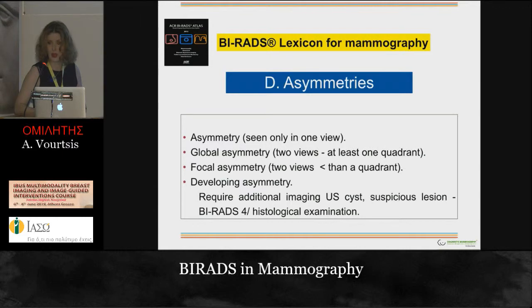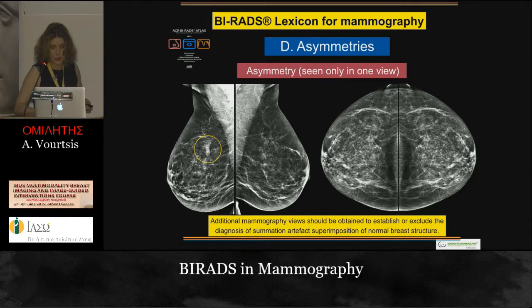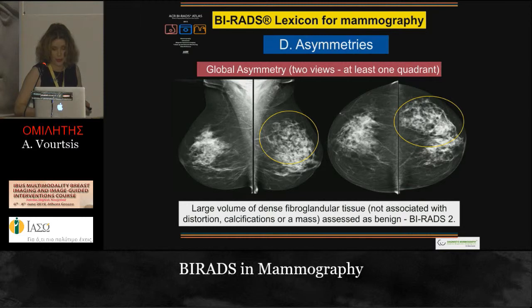Asymmetries are another entity, very challenging for radiologists. They are subclassified into asymmetry, which is seen in only one view, as you can see here on the MLO view. It's not visualized on the CC view. Additional mammographic views should be obtained to establish or exclude the diagnosis of summation artifact or superimposition of normal breast tissue.